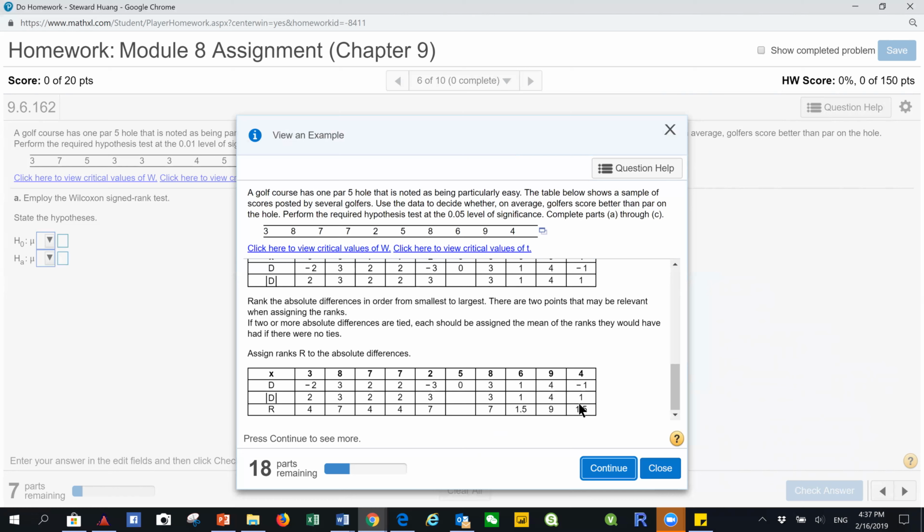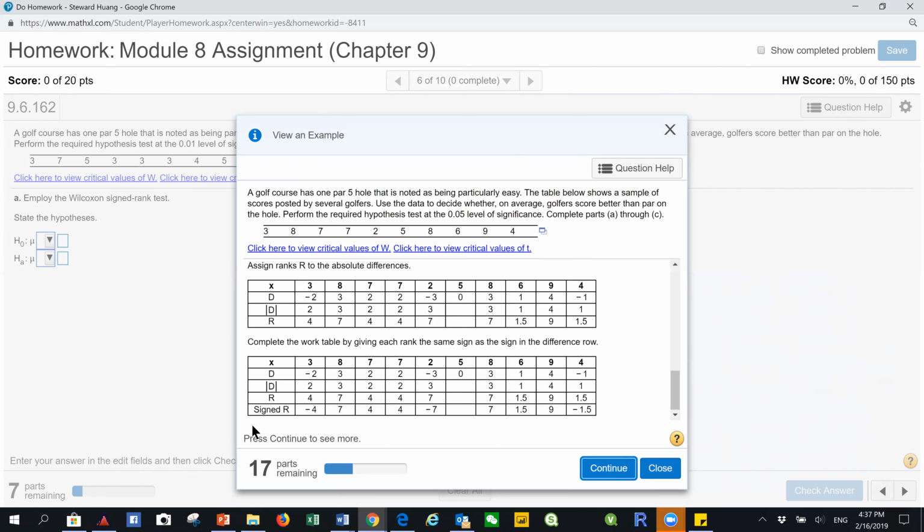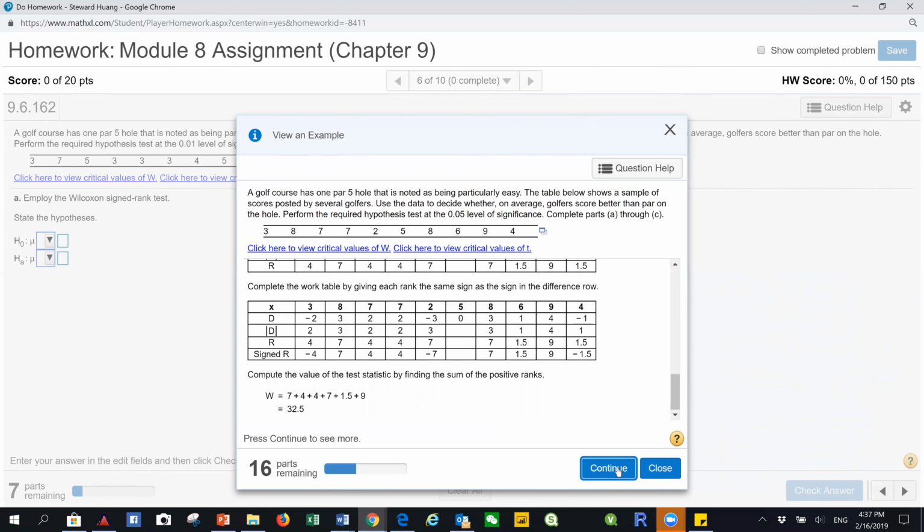You take the average, you get 1.5, and so on and so forth. Then put the sign back on. You shall be able to calculate the positive sum, which would be 7, 4, 4, 1.5, 7, 4, 4, 1.5 plus 9.